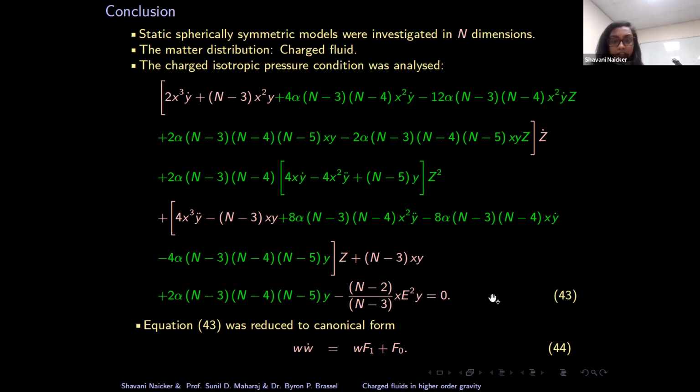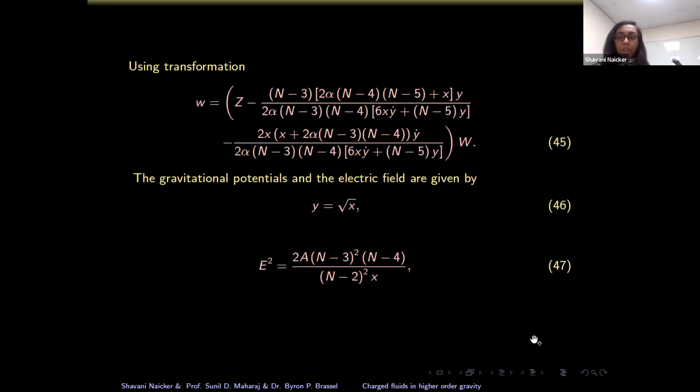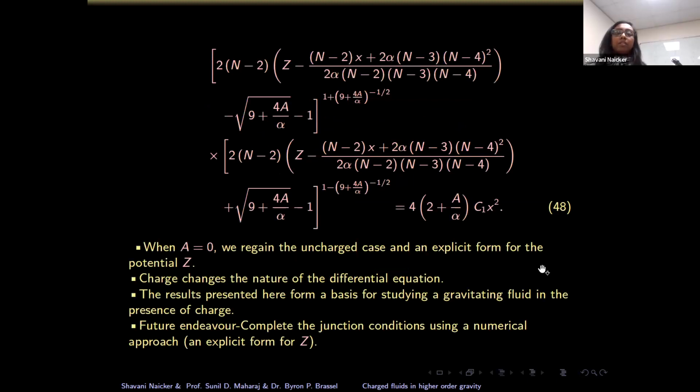However, it's implicit. And this can be done if we reduce equation 43 to the canonical form 44 using the transformation 45, where we chose the gravitational potential Y in 46, and the electric field E in 47, which then led to the implicit form for the gravitational potential Z given in 48.